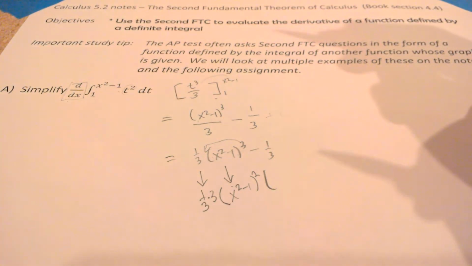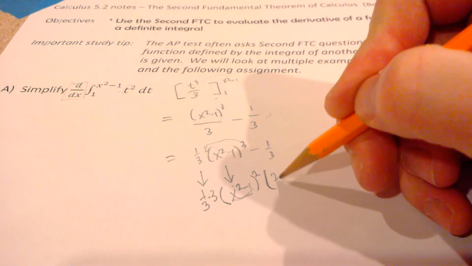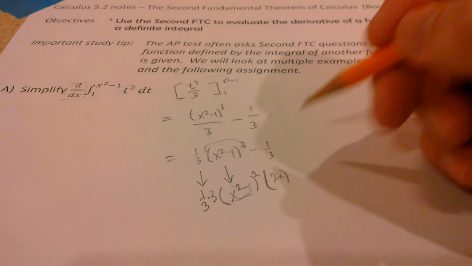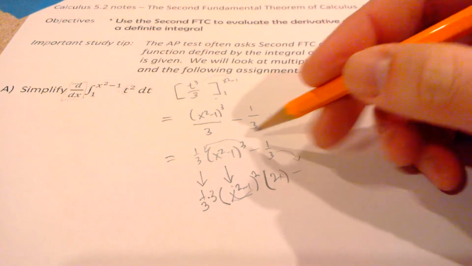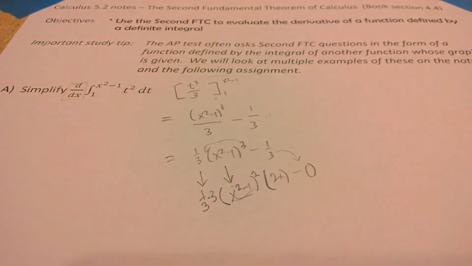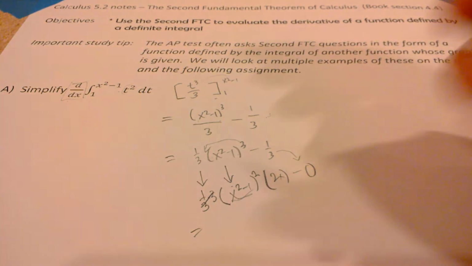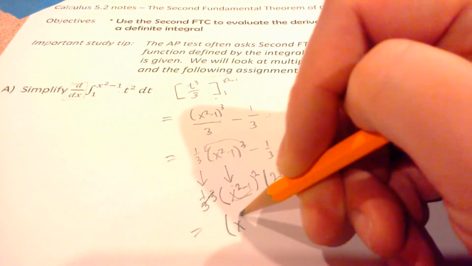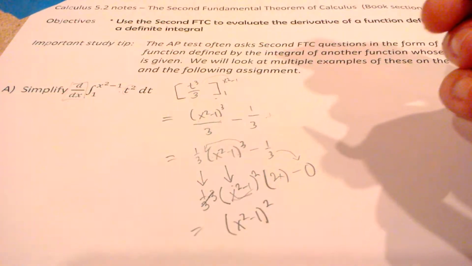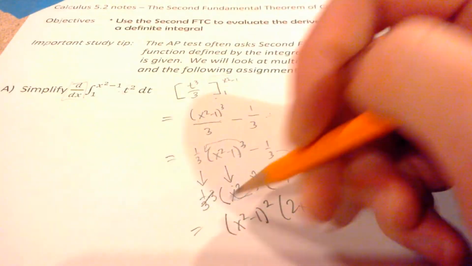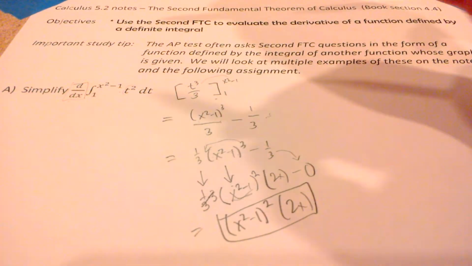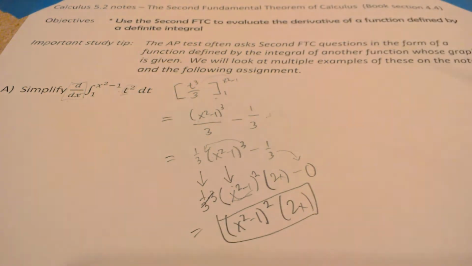I would then chain on the derivative of the inside, which would be 2x. In differentiating the 1/3, I would get 0, because the derivative of a constant is simply 0. In cleaning this up, the 1/3 times 3 gives you 1, so really I just have x squared minus 1 quantity squared times 2x. That would be the derivative of this definite integral.